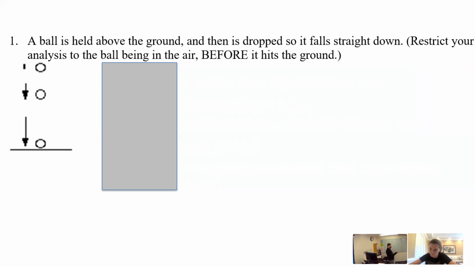So not when it's hitting the ground or after it's stopped, but just while it's in that falling process. So if we think about those four energy types, the kinetic, gravitational, elastic, and dissipated, what kind of energy does it have at the top when it's not moving, but it's held at some height?